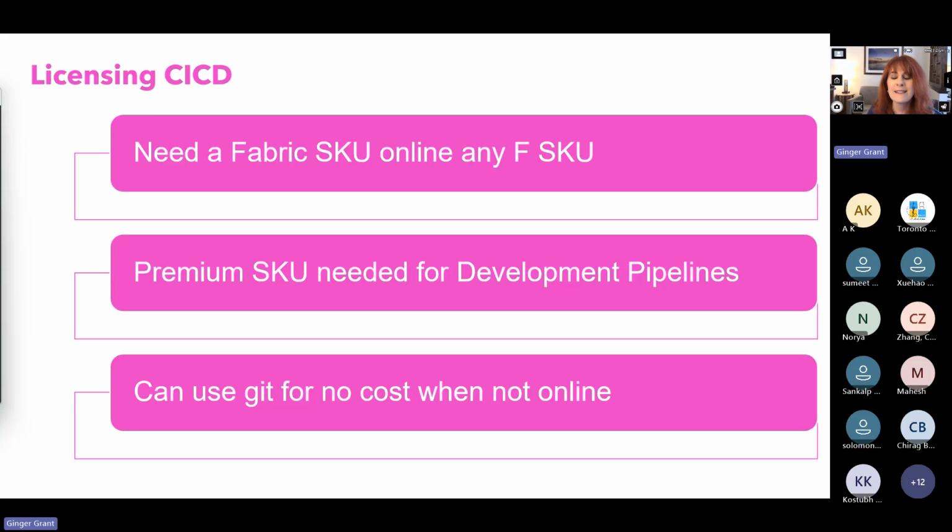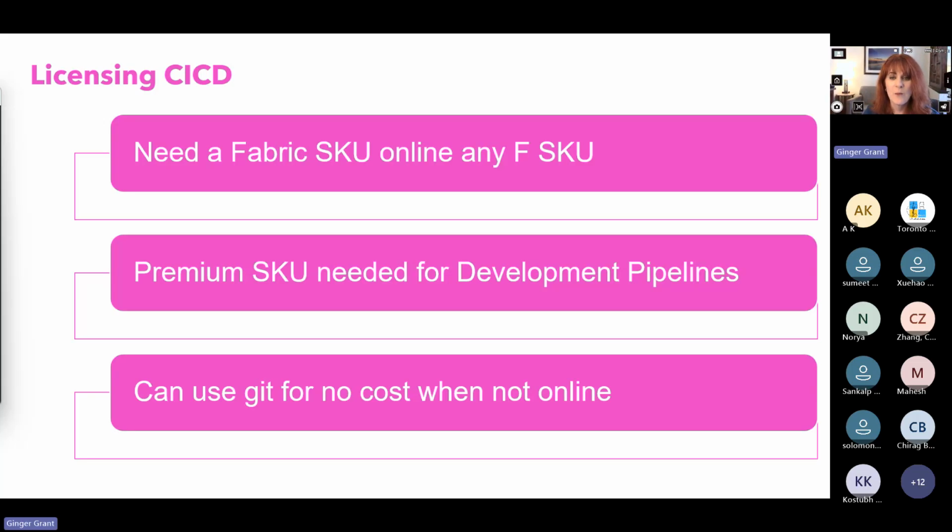All right, so licensing. Let's talk about licensing when it comes to Power BI. If you want to use the service to have a repo where you check things in and check things out, you are going to need an F SKU of some kind. It does not have to be an F64. You can make do with an F2 SKU, but you do have to have at least an F2 SKU.